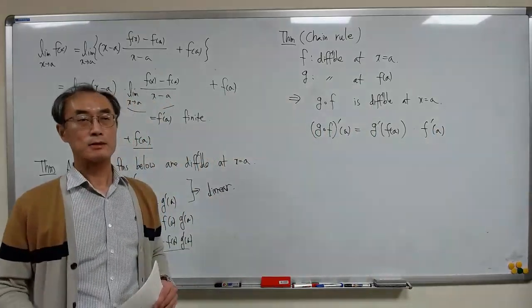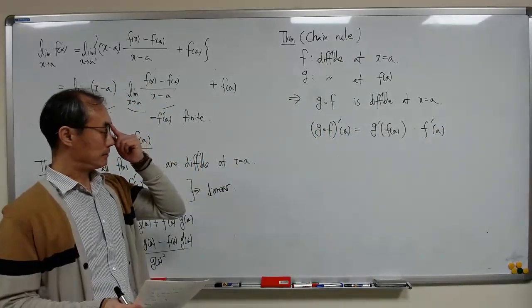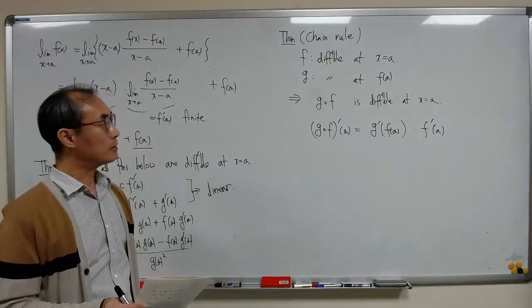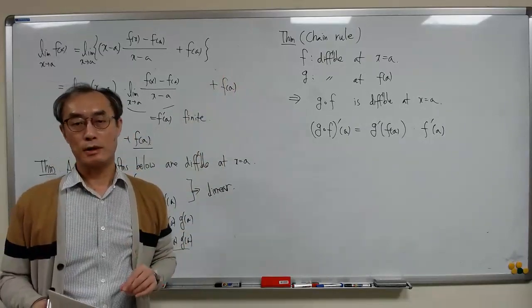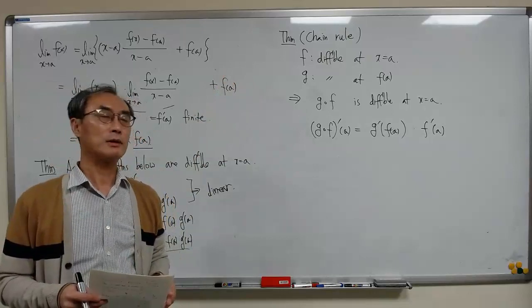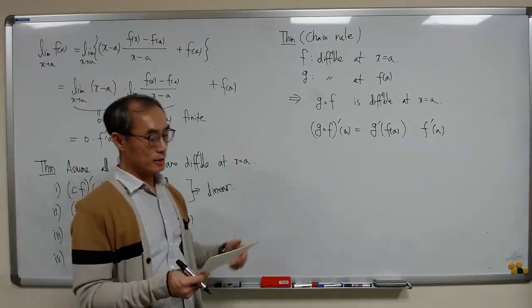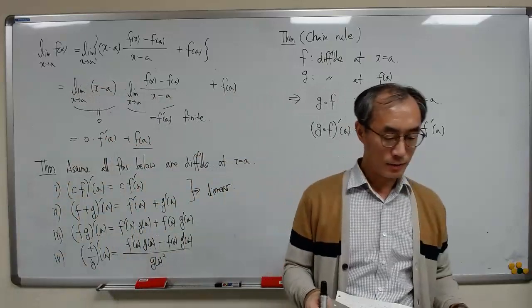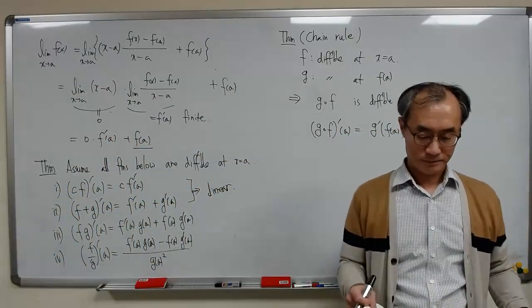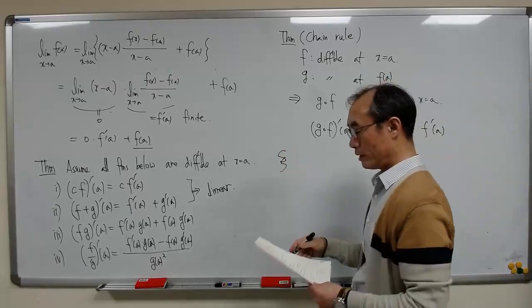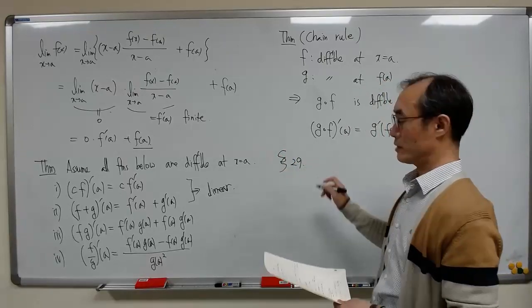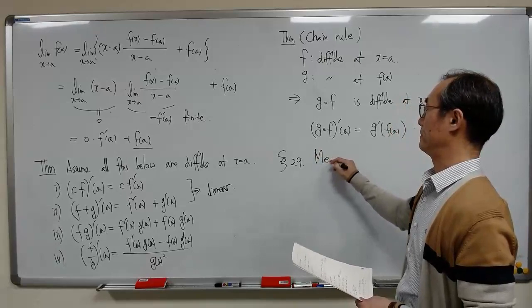Okay, I think all of you already learned this chain rule. This is the chain rule for a single variable, real valued function. I think you have learned this property from high school mathematics and calculus 2. Okay, so I'm ready to move to the next section, the mean value theorem.